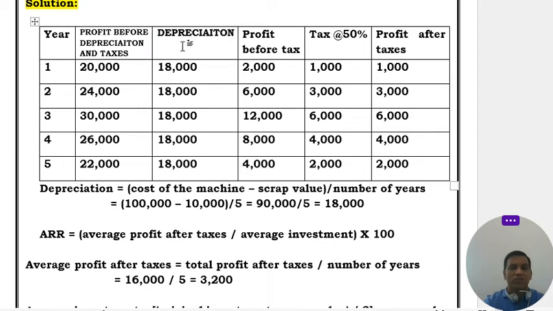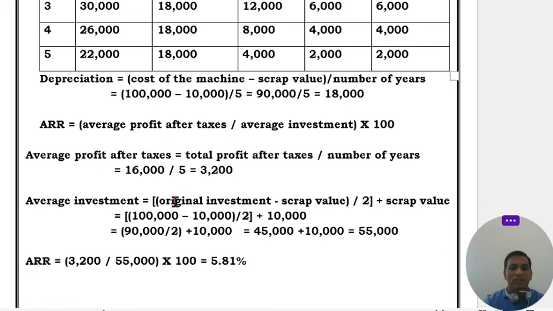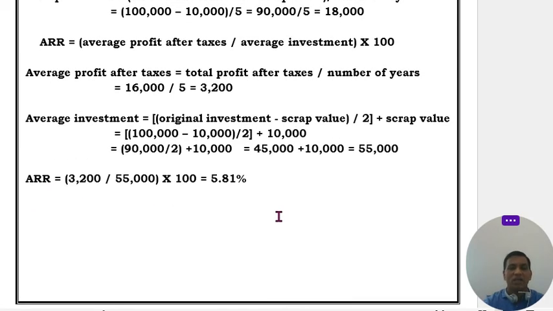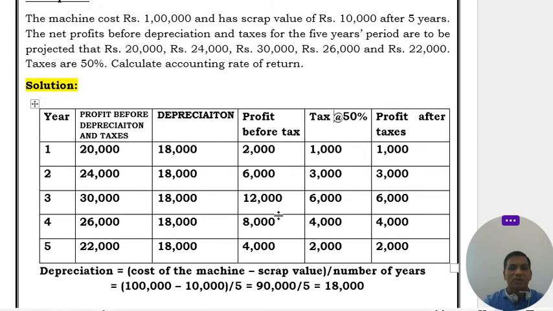So first you subtract depreciation, then you subtract tax, you get profit after taxes, and you calculate the average. Average investment also uses this formula. Once you have both values, substitute them in the ARR formula, and the ARR of this project is 5.81%.